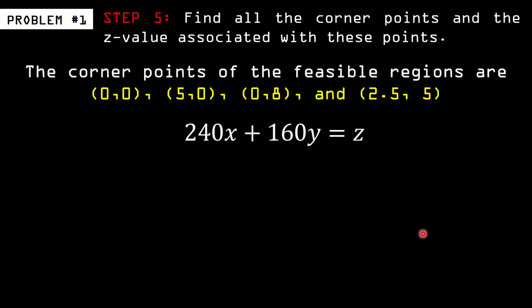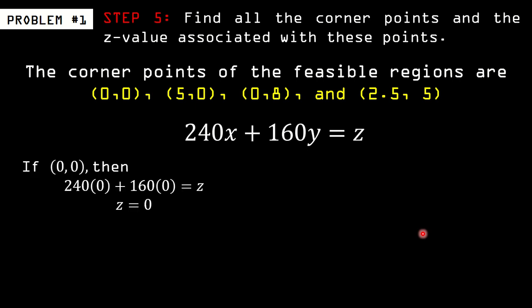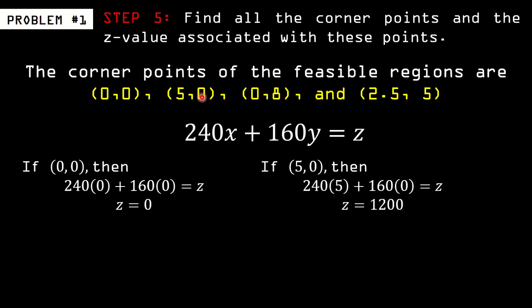So let's substitute the x and y values here. If we have x as 0 and y as 0, 240 times 0 plus 160 times 0 is 0. So the profit here is 0. The next one is (5, 0): 240 times 5 plus 160 times 0 is 1,200.